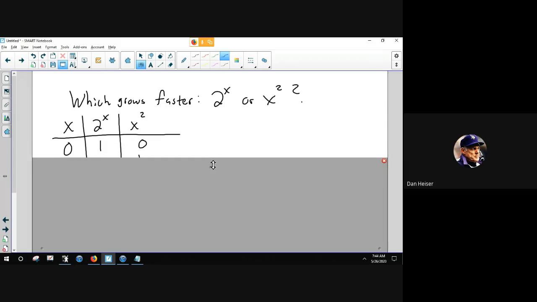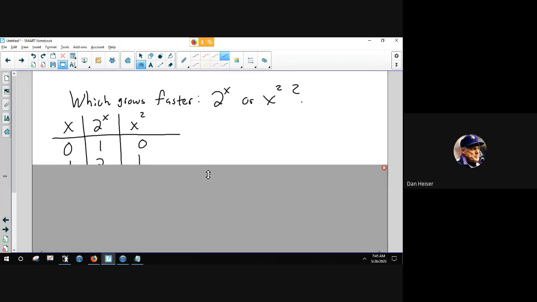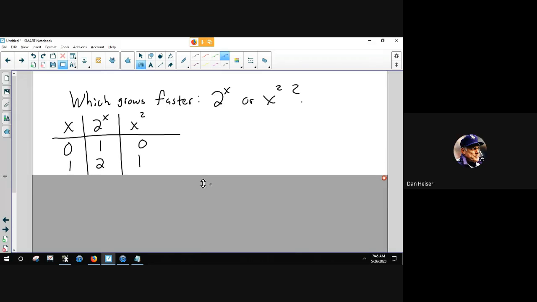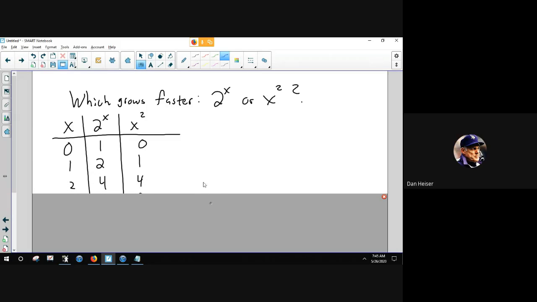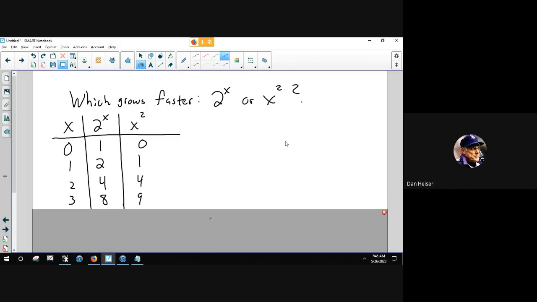So we'll start with x equals 0. 2 to the 0 is 1. 0 squared is 0. So our exponential is winning. Our exponential is still winning. 2 to the first is 2. 1 squared is 1. Now we have a tie. Now the power function has tied. Now the power function has taken the lead.